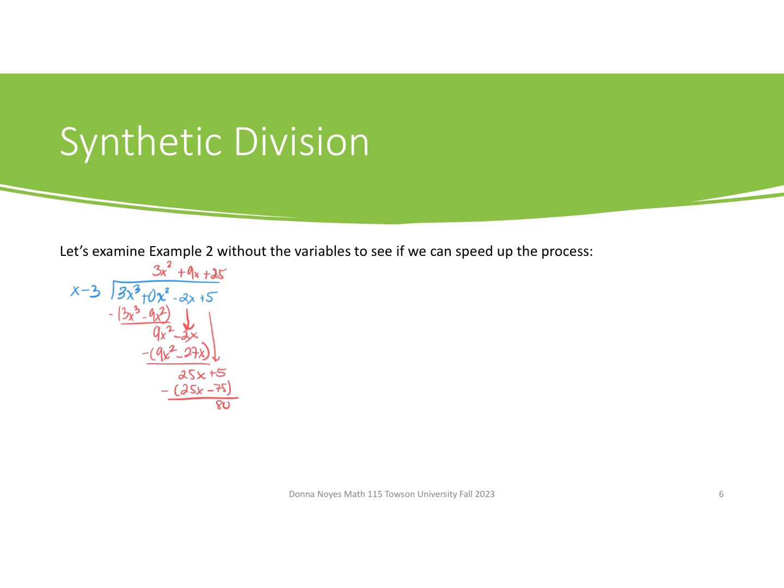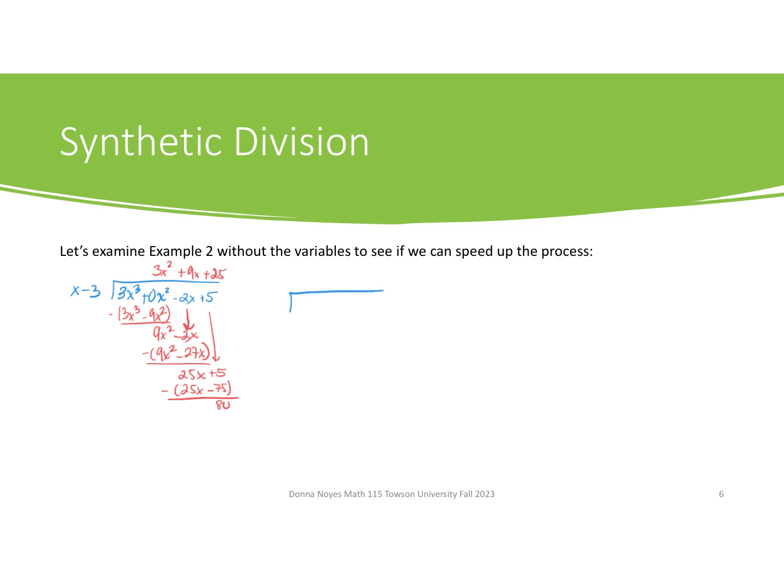So let's examine how example 2 would work without the variables being listed. This is our motivation for how synthetic division is going to work. So if instead of taking this problem we just did, which I have written out, what if we removed all of the variables and we came up with a different way to look at it?